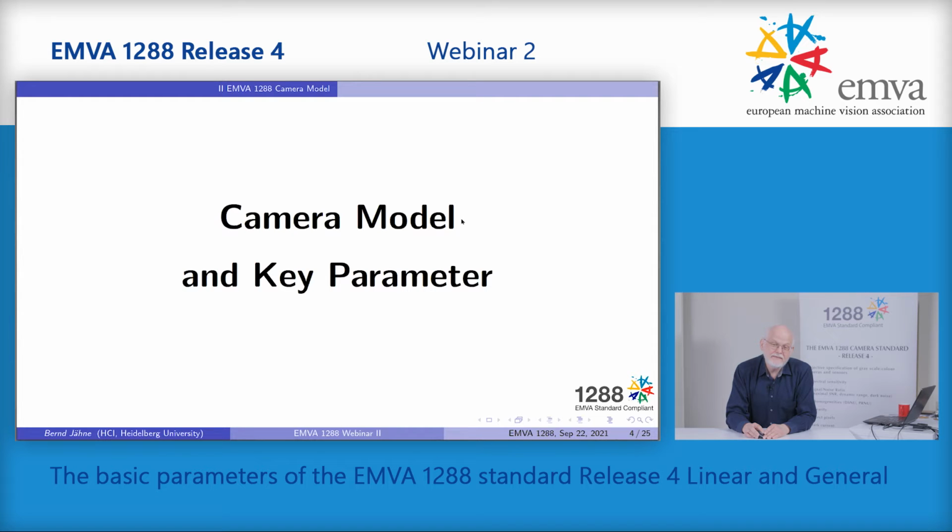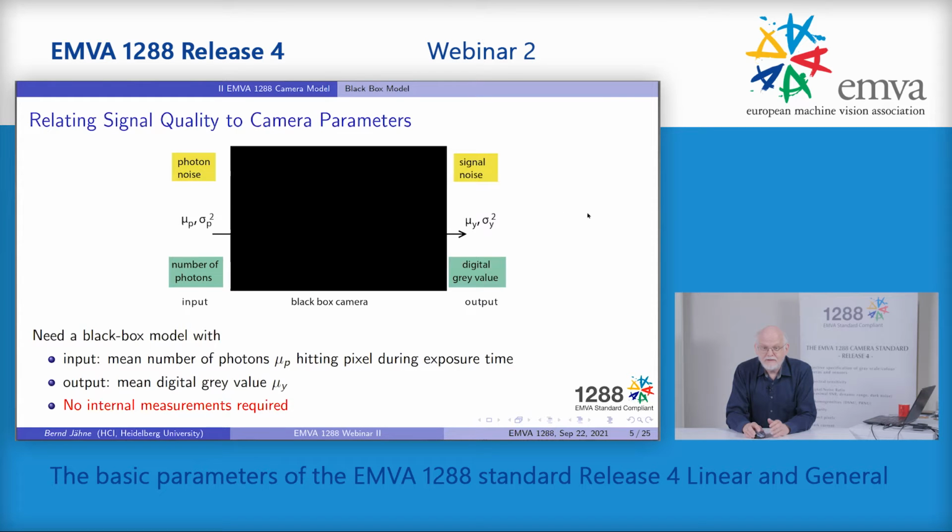I mentioned already that the model actually is quite simple. It basically looks like that. The camera is simply treated as a black box. In other words, we make no assumption about what kind of complicated processes are taking place there.